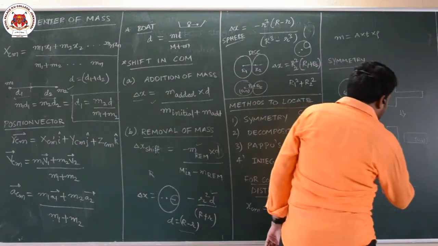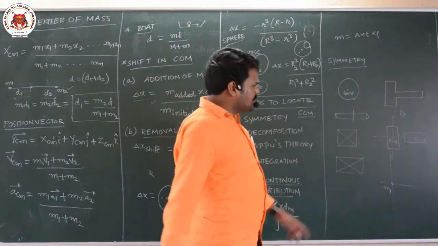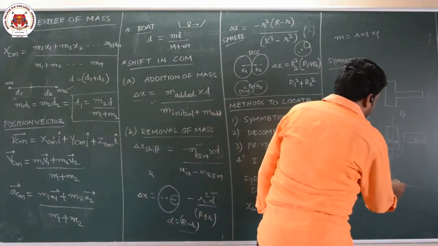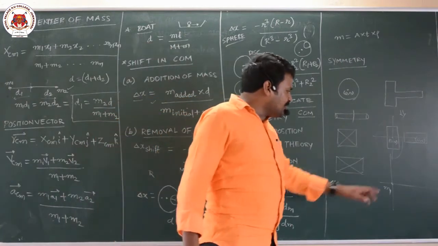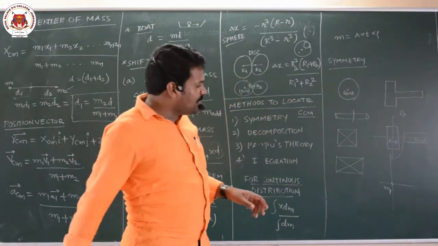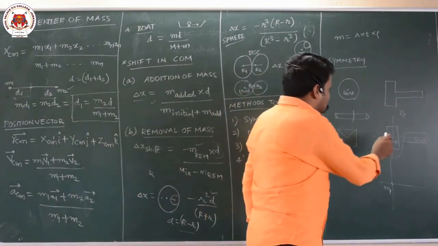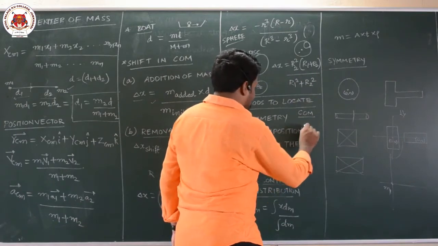This I can take as origin, 0, 0, and I can find the center of mass. So this total body we are replacing with a small point, and then we can find the center of mass. So the use of center of mass in particles is that the total mass we can consider as one point where the geometric center lies. So this is the method of decomposition.